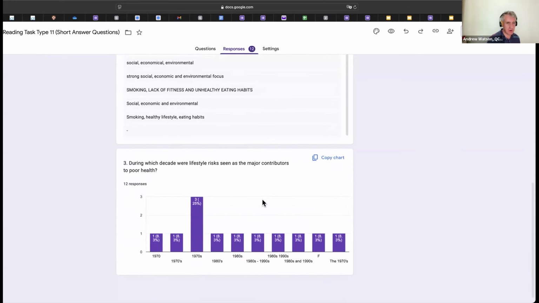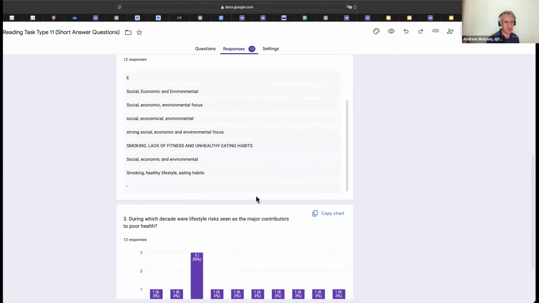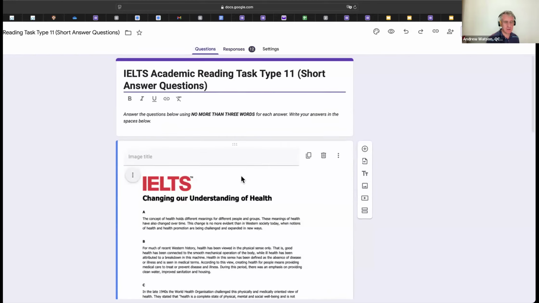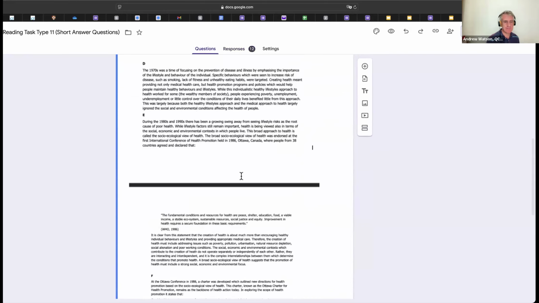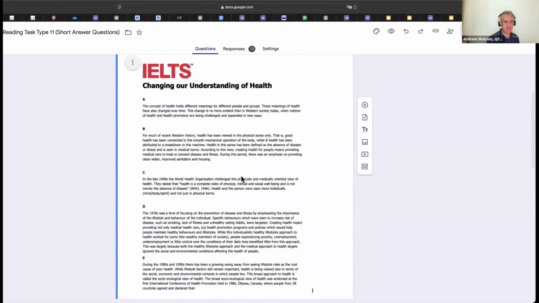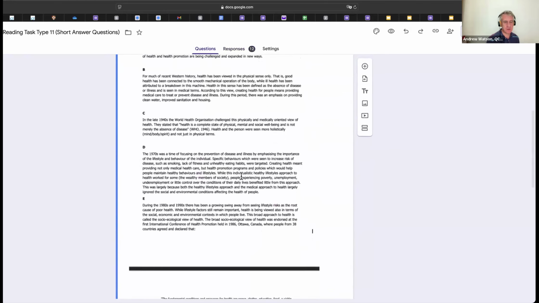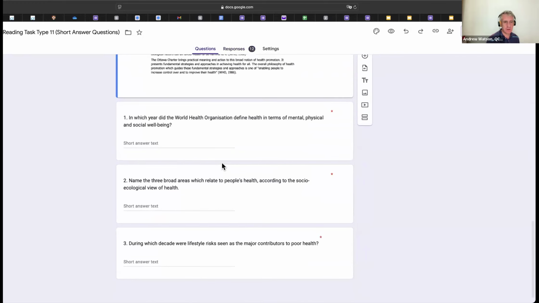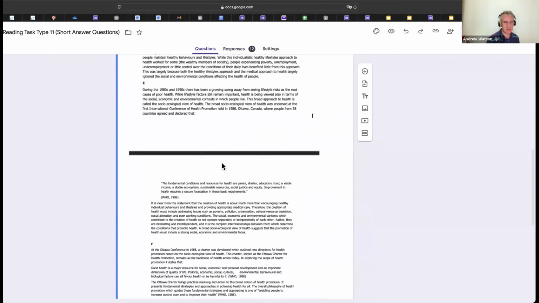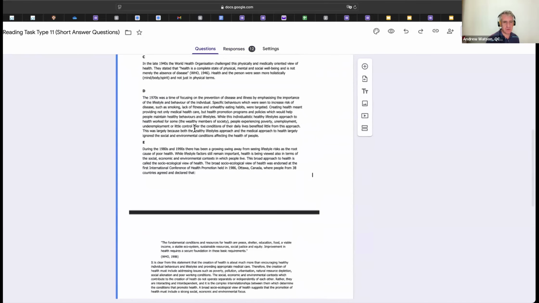And most of us, well, 25% said it was the 1970s. And in paragraph D, it does actually mention that. Because that was mainly about lifestyle risks.